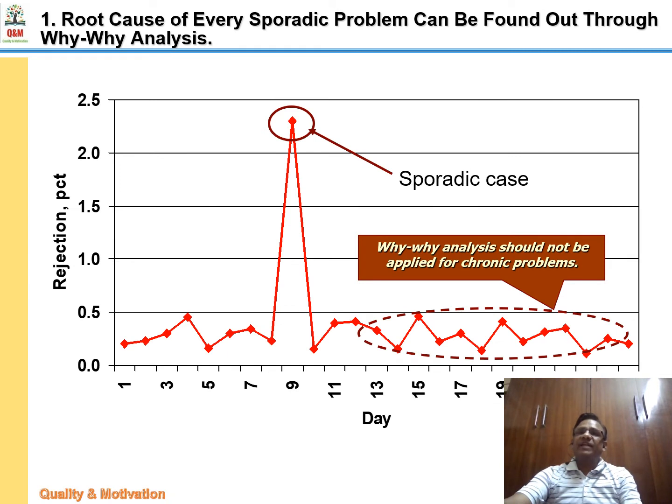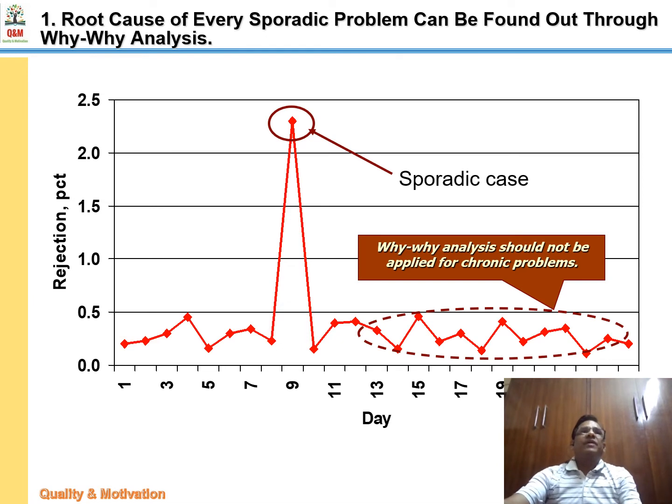Generally, in the manufacturing industry, we have two types of problem. One is the sporadic problem, the second is the chronic problem. Here, if you see in this trend chart, we have rejection cases day wise. Some of the rejections have a chronic pattern, and we have one sporadic case. The root cause of any sporadic case can be found through why analysis.